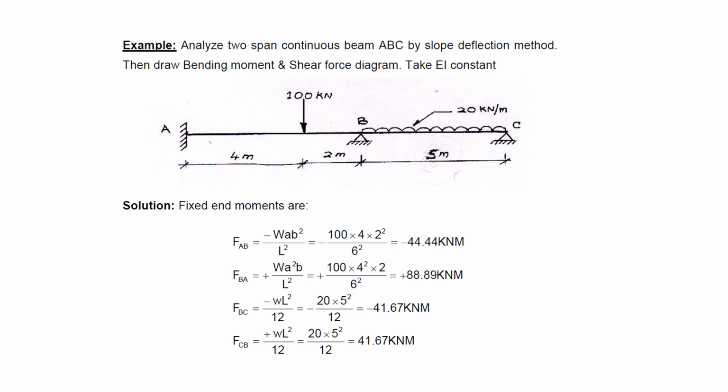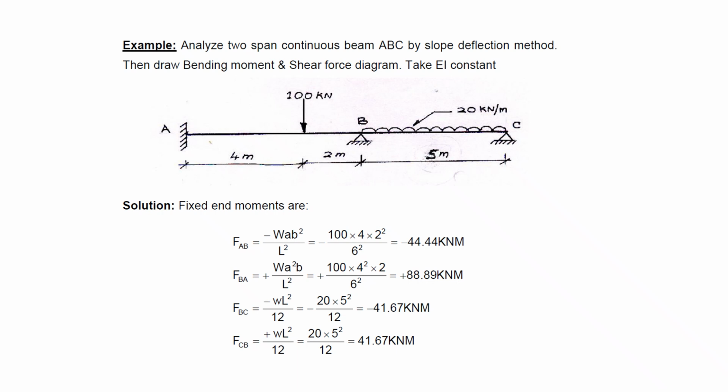So if you substitute A, B, the value is minus 44.44. FBA is W A square B by L square, where A is 4 meter, 4 square, and B is 2 meter, by L square. So FAB is minus 44.44 and FBA is plus 88.89 kilonewton meter.